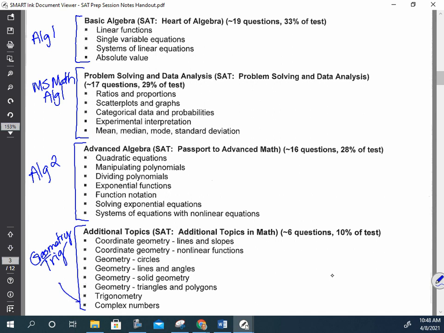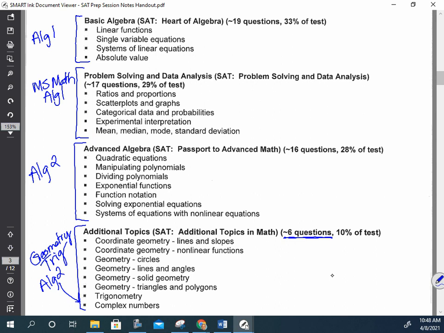There's one concept from Algebra 2, and that's complex numbers. They consider that an additional topic. Now, for those of you who didn't necessarily like geometry, couldn't stand geometry, whatever the case may be, this section makes up a grand total of 6 questions.